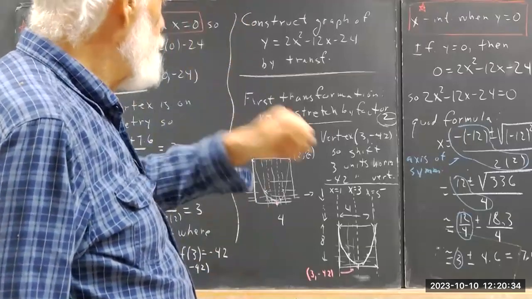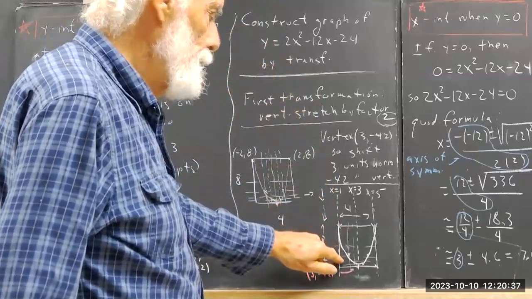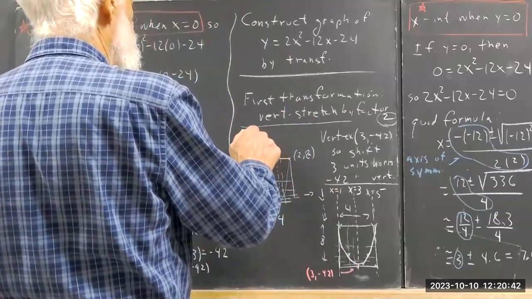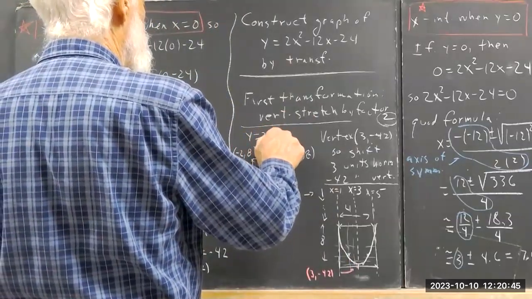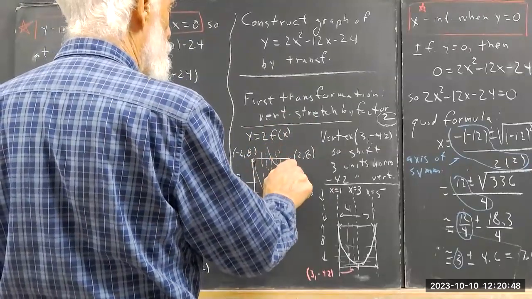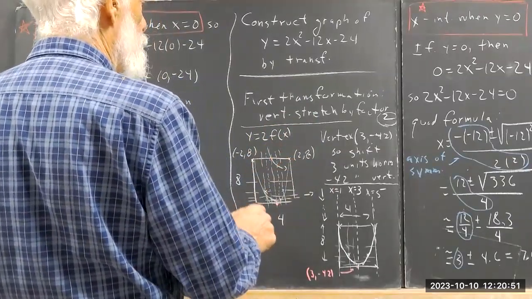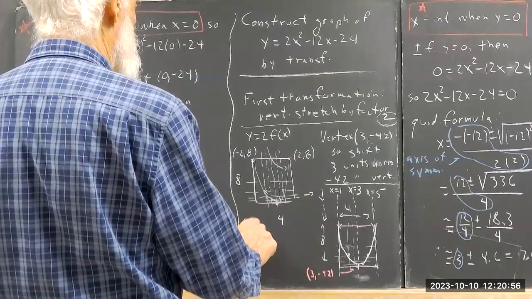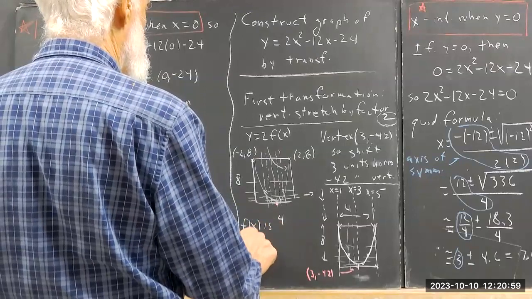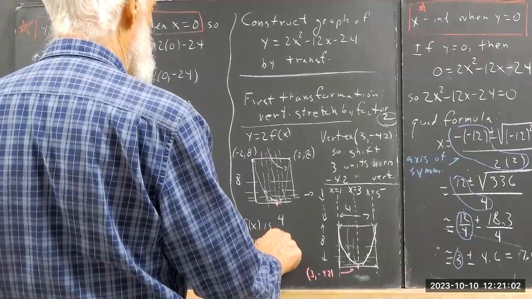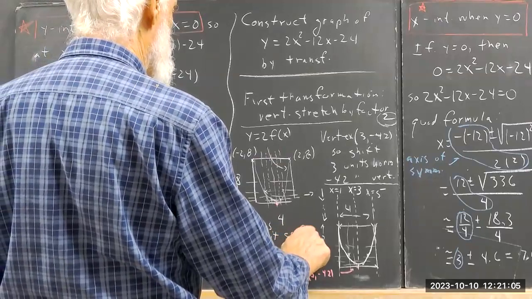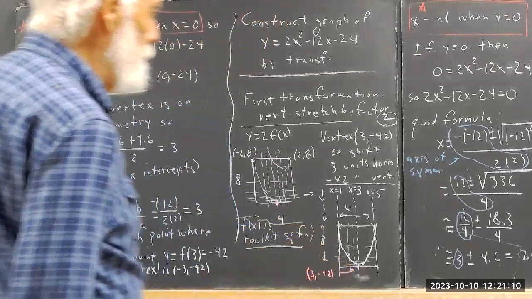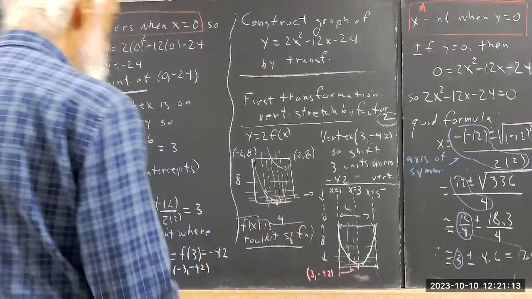Now, my question is, what's the function that represents this graph? This is going to be the graph of y equals 2f of x, where f of x is the toolkit squaring function. What's the graph of this?